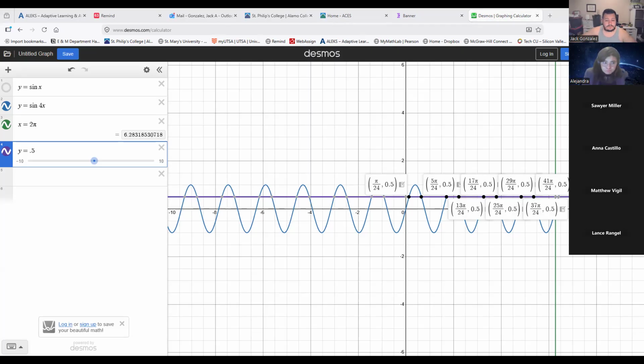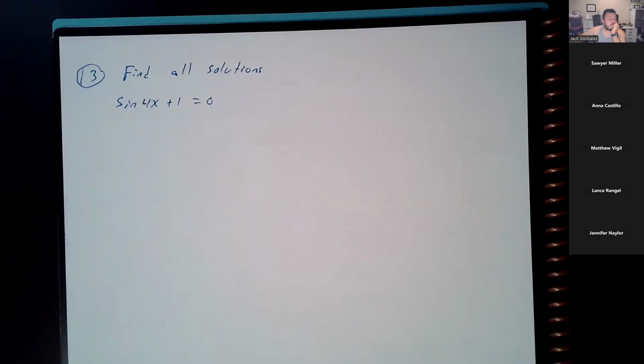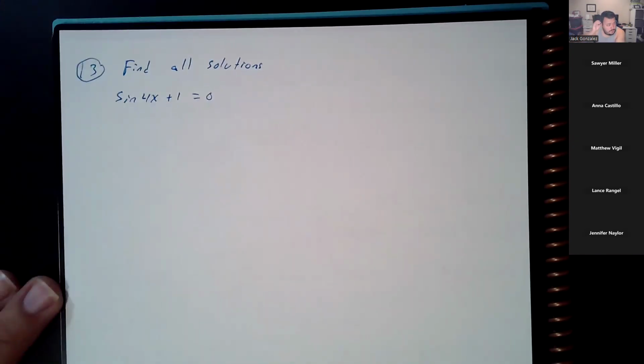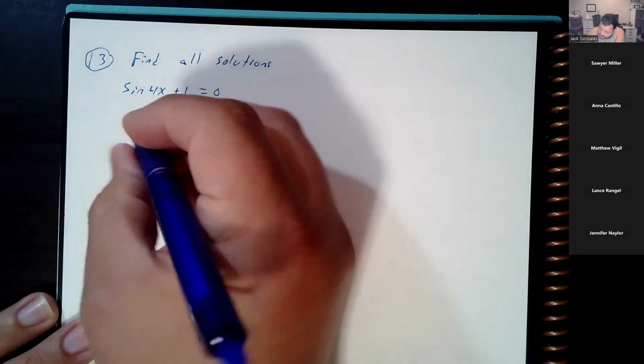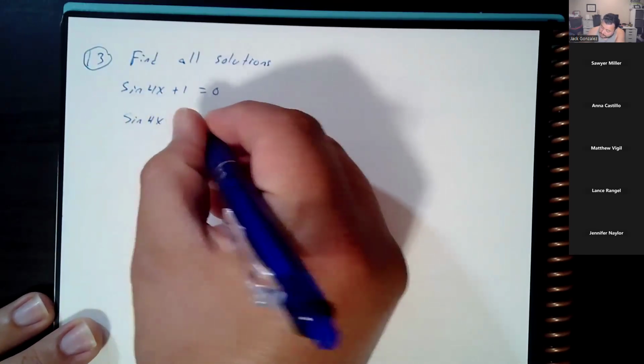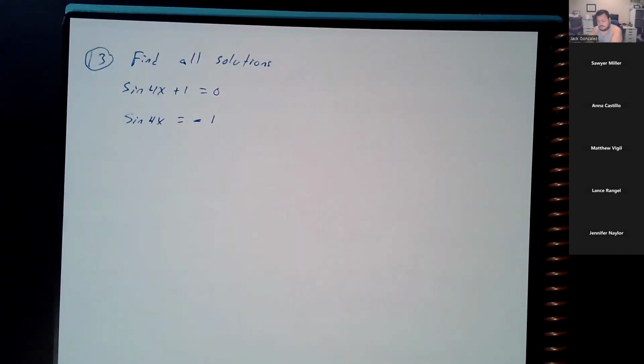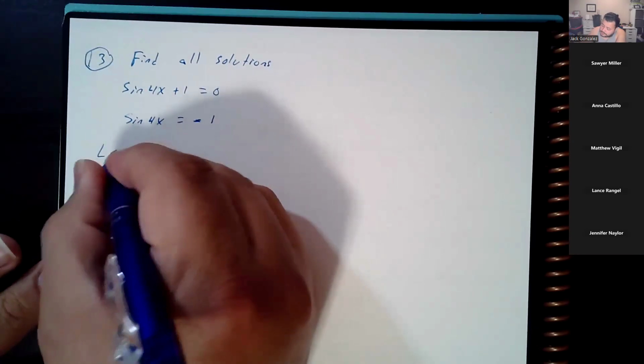So let's start. So sine 4x equals -1. Let's pretend it's a normal sine.